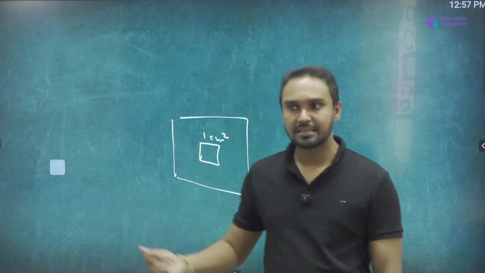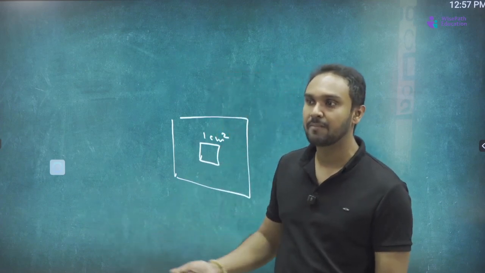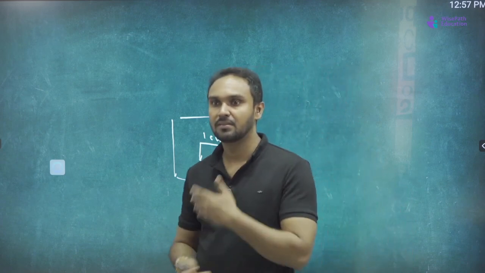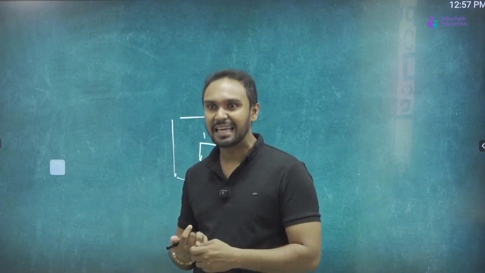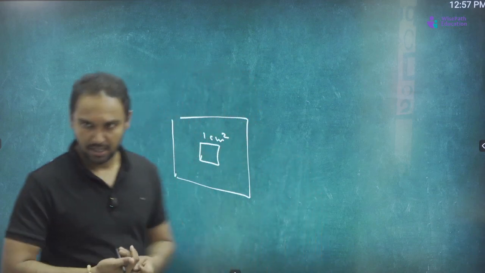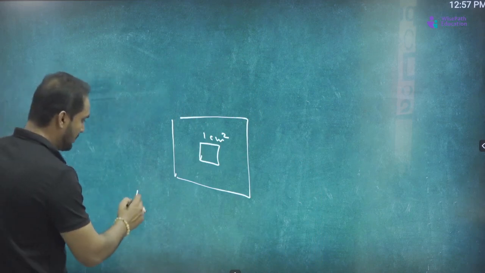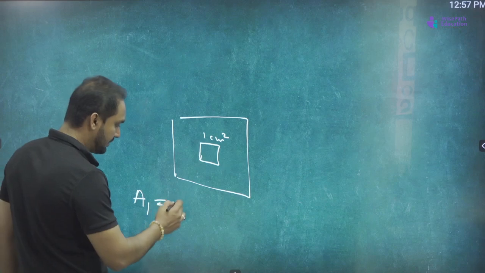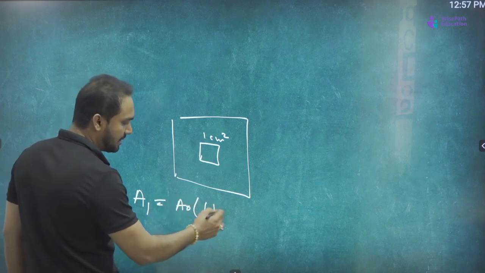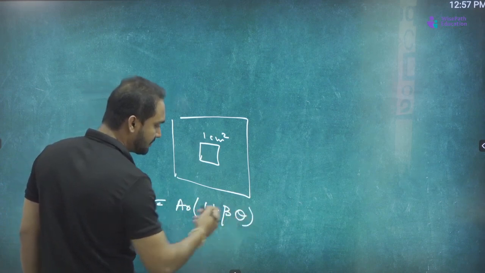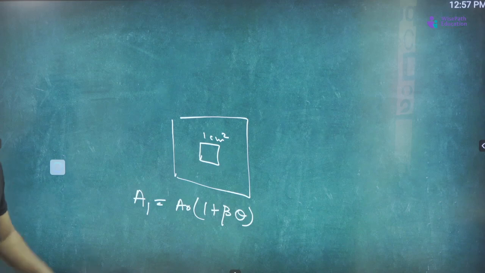In this case the question is asking for the final complete area, so that is A1 equals A naught times 1 plus beta theta.